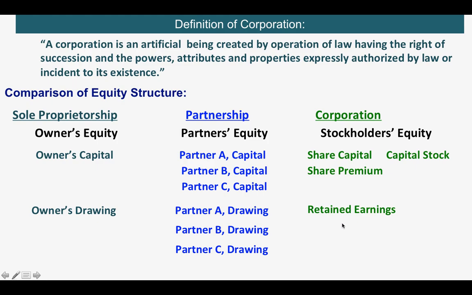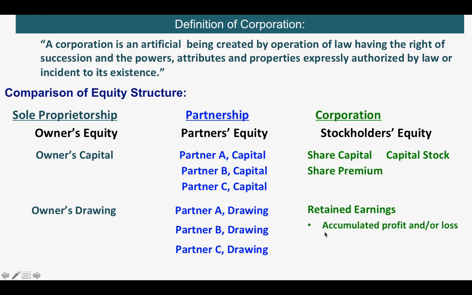So if there's a profit, it will be reflected as a credit on the retained earnings. And if there is a loss, then this retained earnings account will reflect a debit balance. Losses are debited under retained earnings. Of course, the other account that will be used is the income and expense summary.